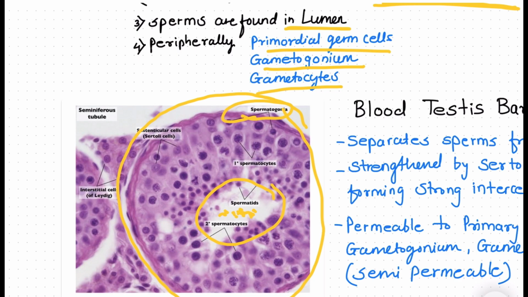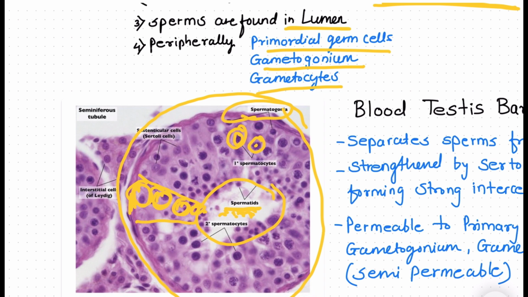These are spermatocytes, pinkish cells with a bigger nucleus at the center. As you go from the base towards the center, we can see lines of cells, and the size of cells decreases. Then the spermatids, and then sperms are formed in the lumen.